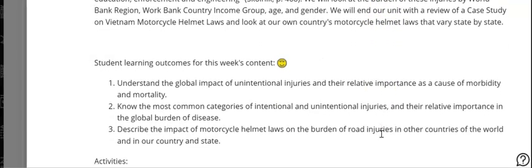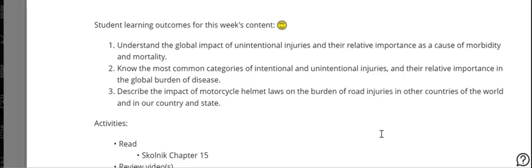So by the end of this learning unit, you're going to be able to understand the global impact as well as our national impact of unintentional injuries. And you're going to be able to state the most common categories of intentional and unintentional injuries and their relative importance in the global burden of disease.